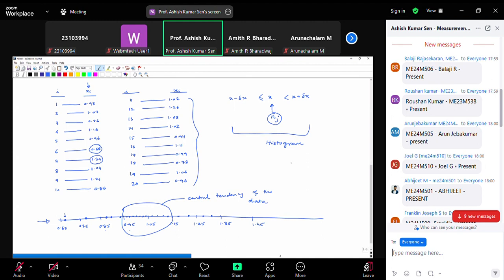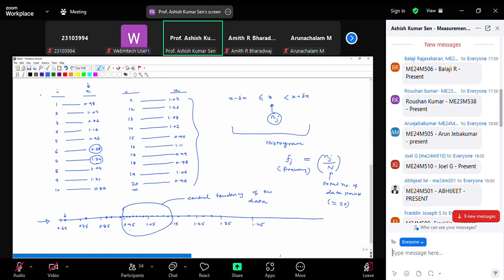And I can write a frequency of occurrence of data, Fj, as nj divided by capital N, where capital N is the total number of data points. Here, the total number of data points is 20.